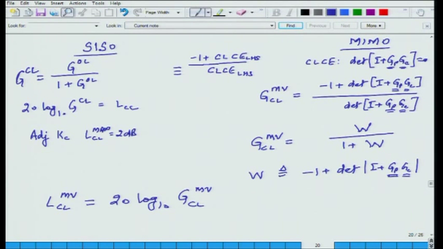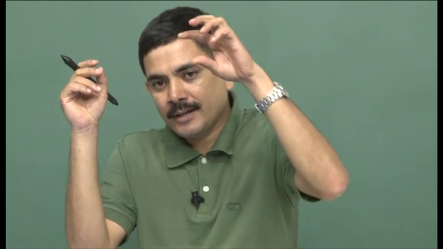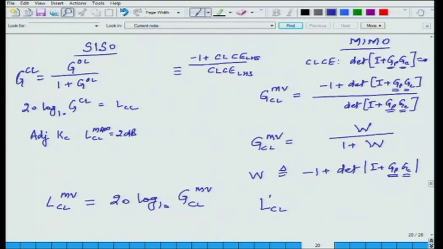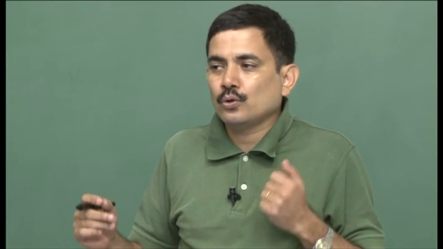And now, what I must do is choose my tuning parameters for the decentralized controllers in a manner such that LCL multivariable max is approximately equal to the number of loops times 2 dB, because each loop contributes 2 dB. So, if it is a 2 by 2 system, I will tune my multivariable system so that I get an LCL MV max of 4 dB. If it is 3 loops, 6 dB, 4 loops, 8 dB.